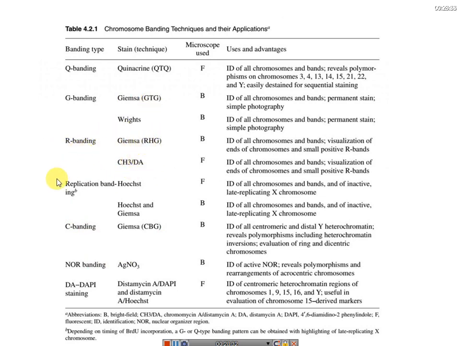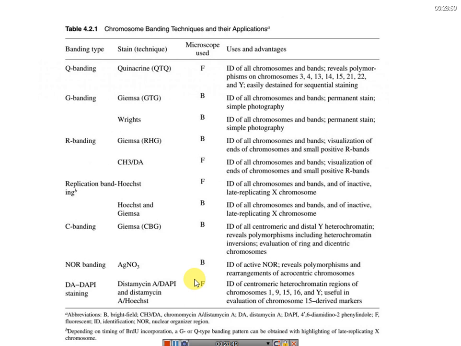In replication banding we use Hoechst and Giemsa. Either of these can be used. Whenever we use Hoechst, we use fluorescence-based microscopy, and NOR banding, as it is a silver staining, AgNO3 is used, and bright field microscopy is used.